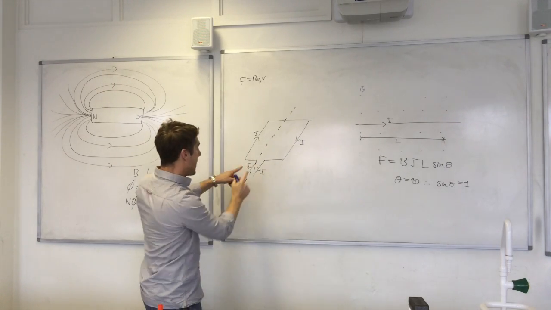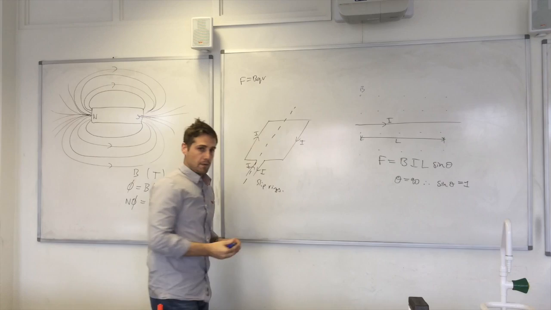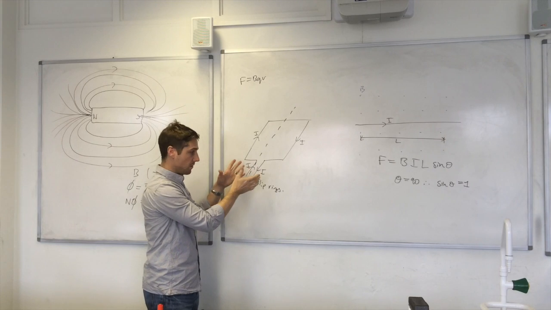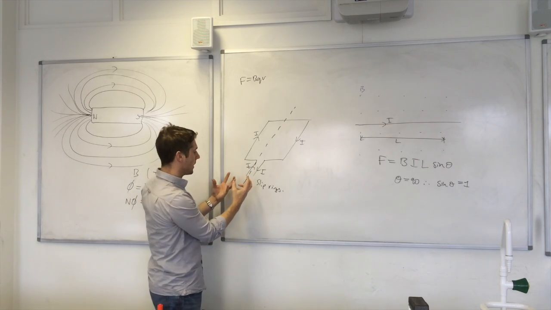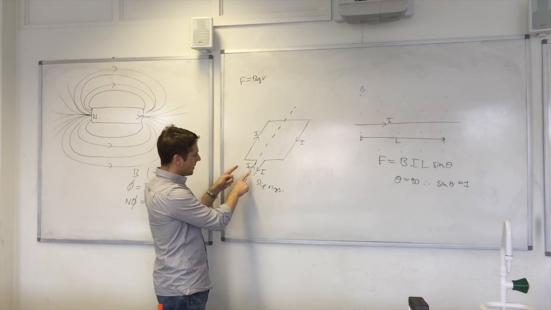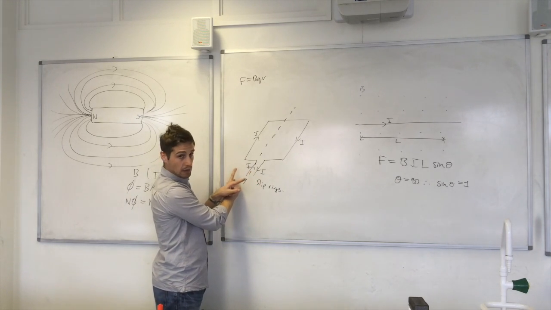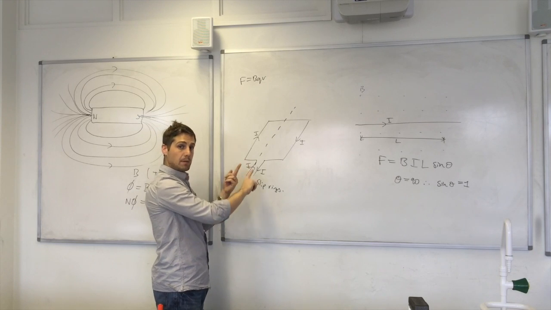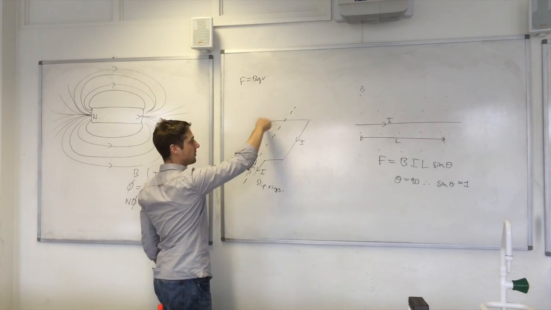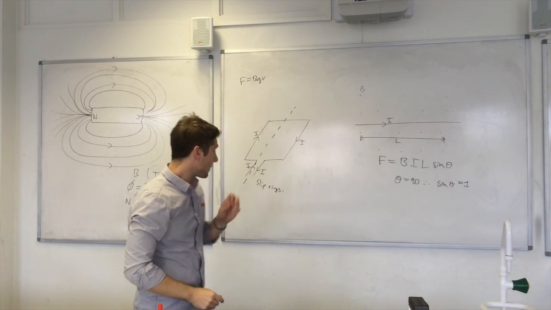Okay, it can rotate around there, and over here it has slip rings. Now, those are important because what that will allow the coil to do is rotate independently of the battery contacts. This is the battery providing a direct current, so that if the coil rotates over to here, so this contact of the coil is now on this side, well, it's slipped in the slip ring so that the current will continue to flow in this direction. So it will continue to flow in this direction around the coil. So that's an important thing.